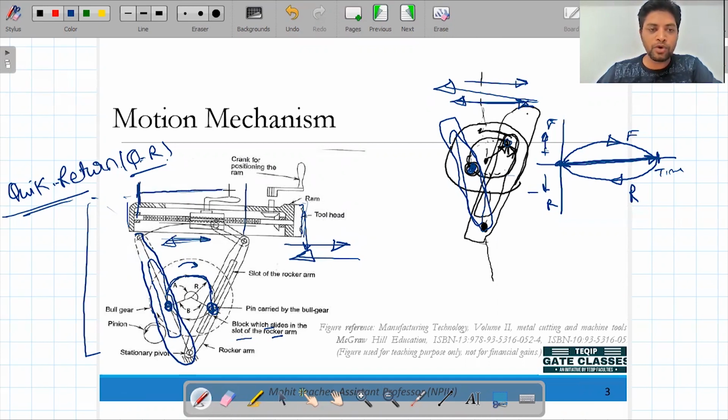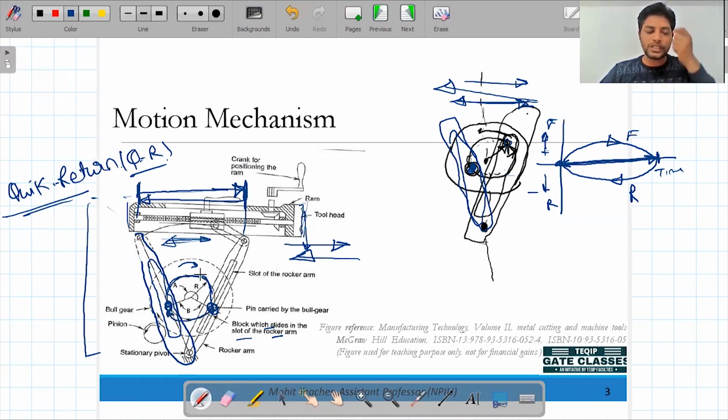Now when the crank is rotating, this will give the reciprocating motion, so it will move up to here. Now it has reached here, then it again has to move toward the back side. So whatever time has been taken over here, the return time should be lesser than the forward motion. From here to here it will come back to its original position during this time.